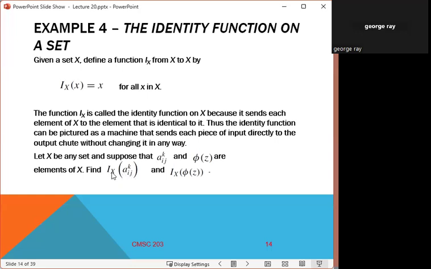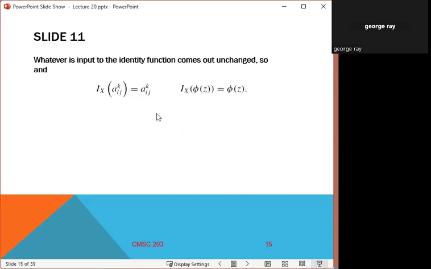So when we multiply the identity function times, say, a sub ij raised to the k, or theta of z, what we end up with is the same values. In other words, the same functions. So the identity function does not change the function that we're dealing with.